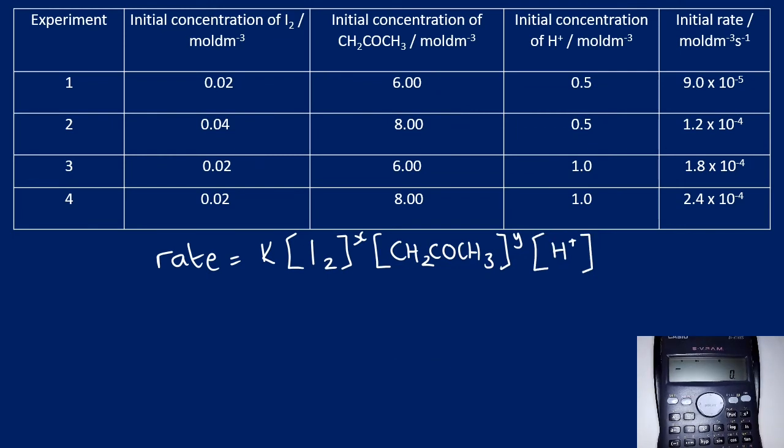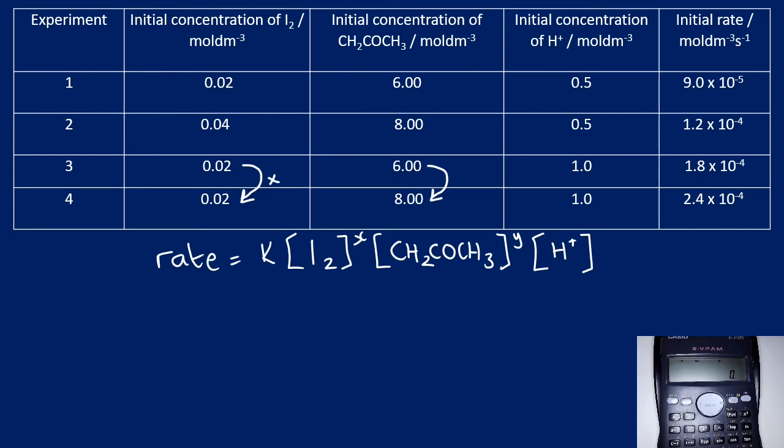So we've established first order with respect to H+. I've removed the z from the equation now and replaced it with a 1. What we need to do now is to compare two experiments where either I2 or CH2COCH3 changes and the other one remains the same. There are lots of different ways I could do this, but I'm going to compare experiments 3 to 4 because I can see this doesn't change and this does change.